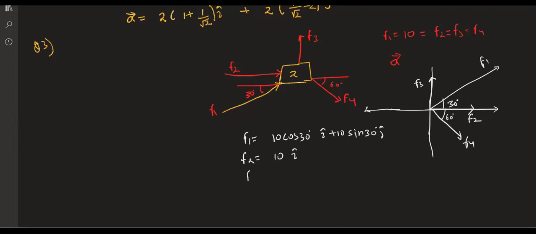F3 is equal to 10 j cap. F4 is equal to 10 cos 60 degree i cap minus 10 sin 60 degree j cap. Yes or no? This is all the forces.